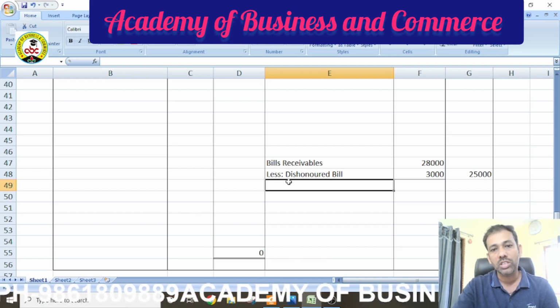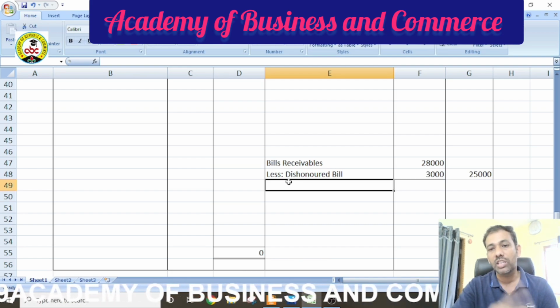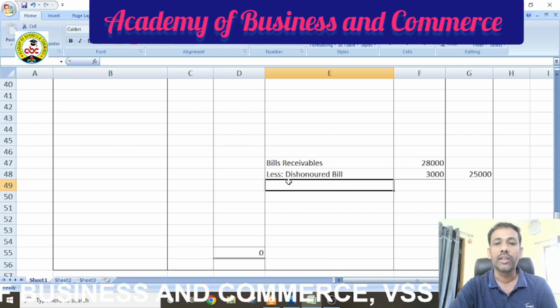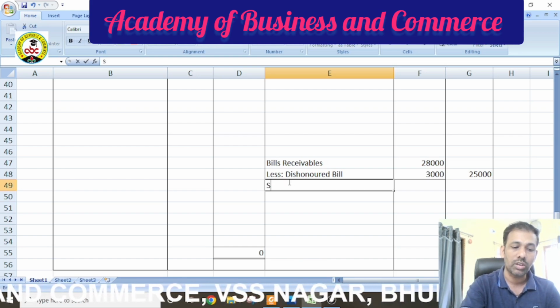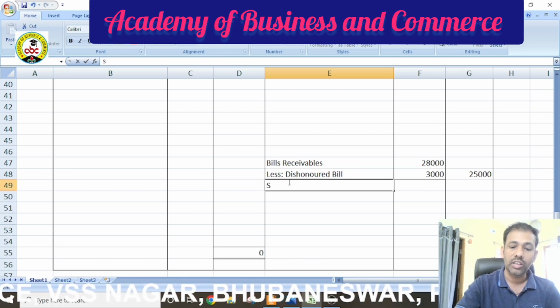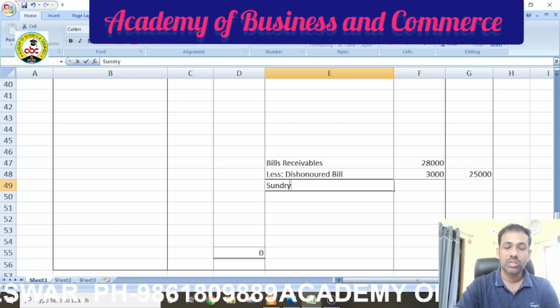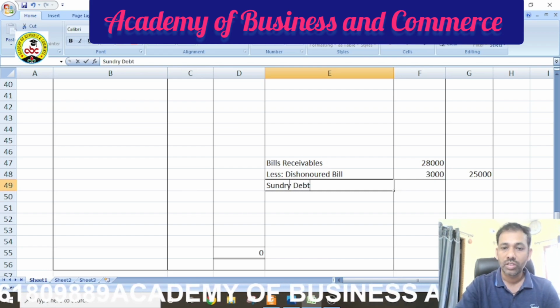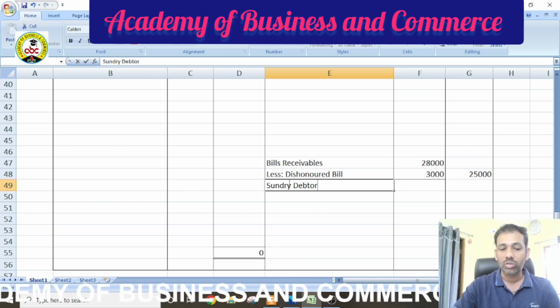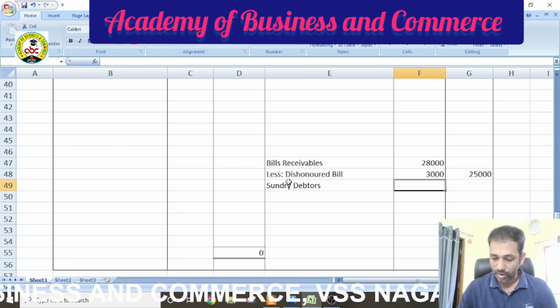It is deducted from bills receivable, and at the same time you add it into sundry debtors. Let us take the sundry debtors, otherwise you may forget. Find the sundry debtors amount from the trial balance.